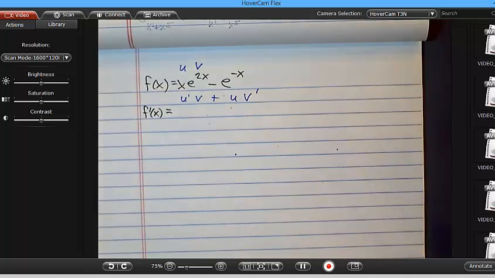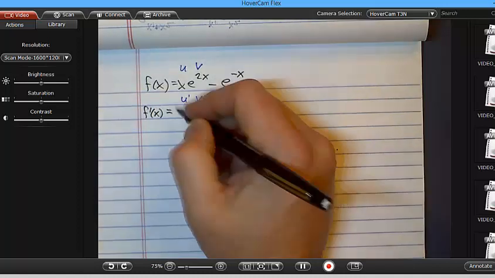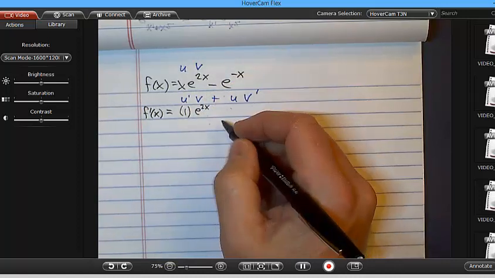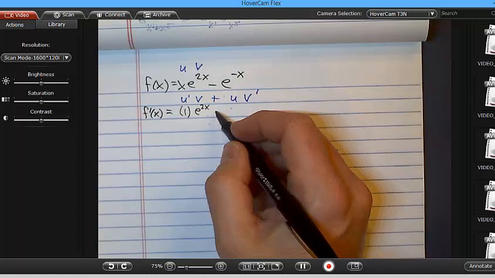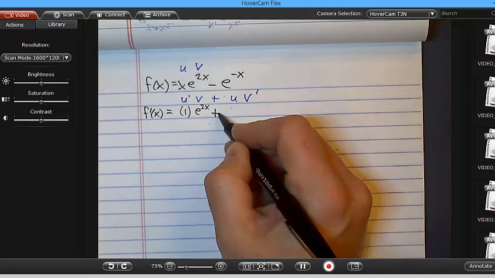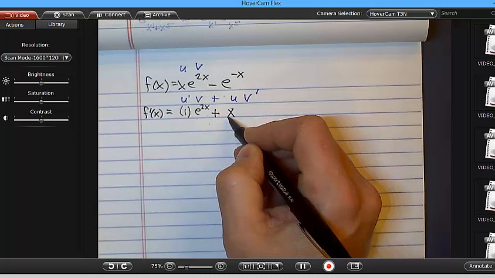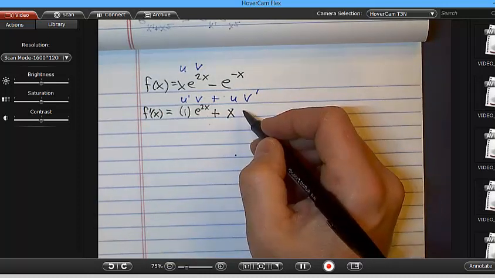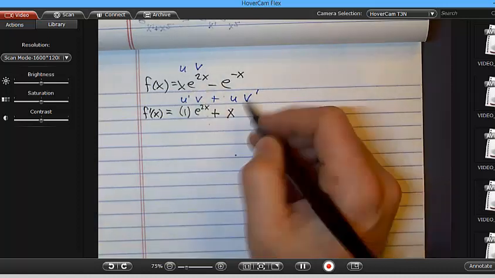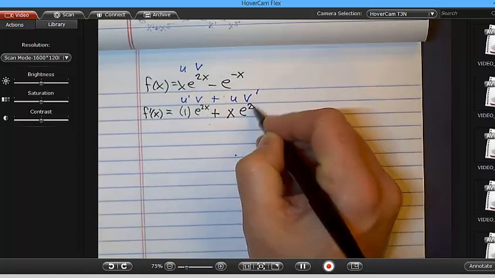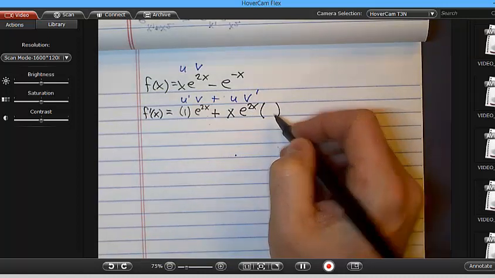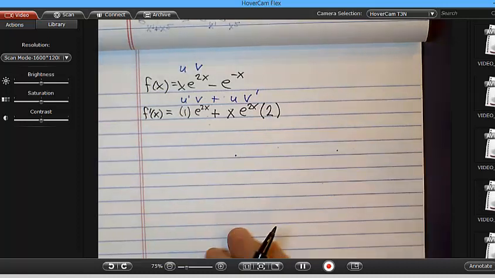When I do u prime v, I'm going to have 1 times e to the 2x, plus x, because that's what u is, times what? What's the derivative of e to the 2x? Well, e to the 2x times what? Dong! Times 2. That's the chain rule. You have to take the derivative of what's inside.